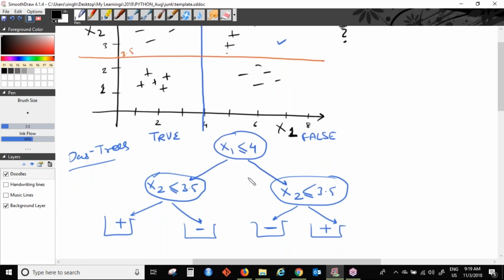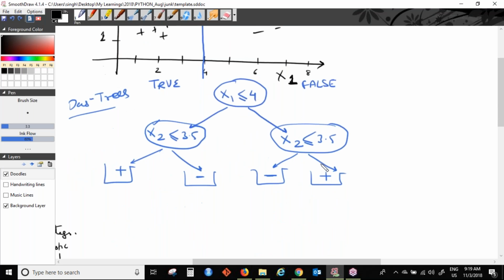Anupama, it doesn't matter whether you write less than 3.5 or greater than 3.5. Both are correct. Let's say I don't write this, I write greater than. So if I write x2 is greater than equal to 3.5, then this will become plus and this will become minus.